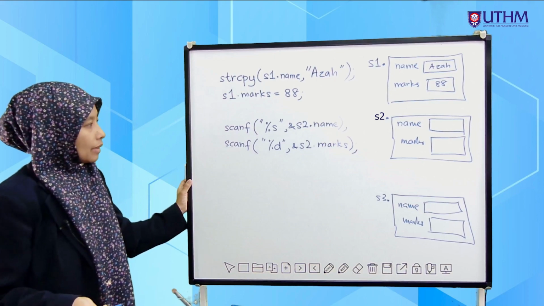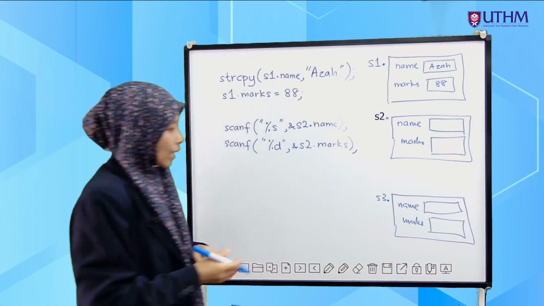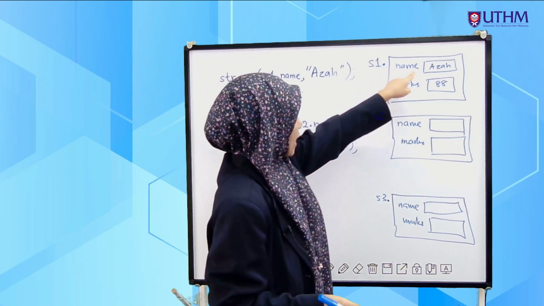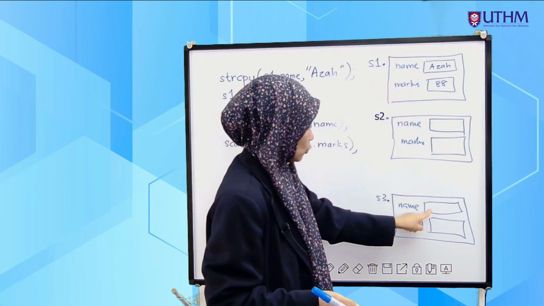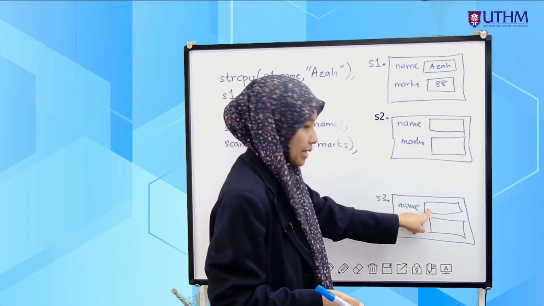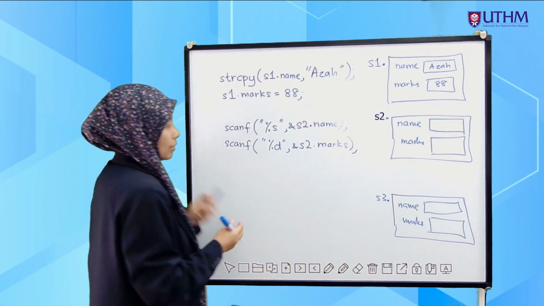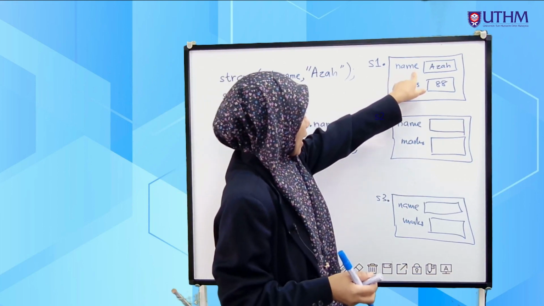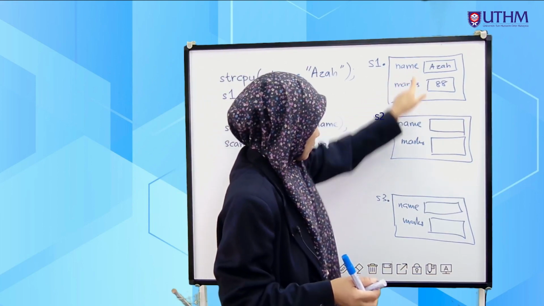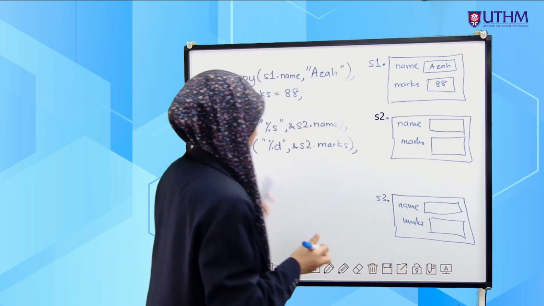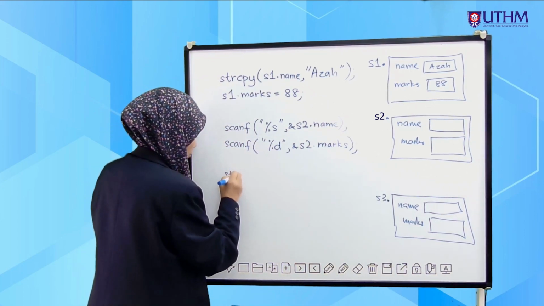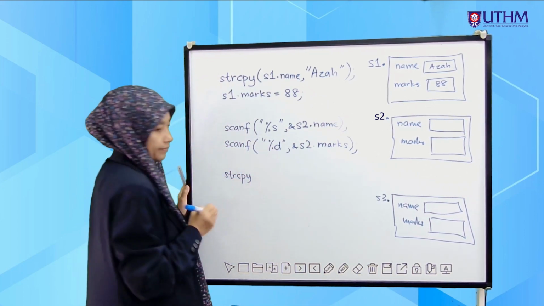Let's say I want to copy what I have in name to the name in S3. What should I do? Again, to copy from here to here, we need the string copy function.